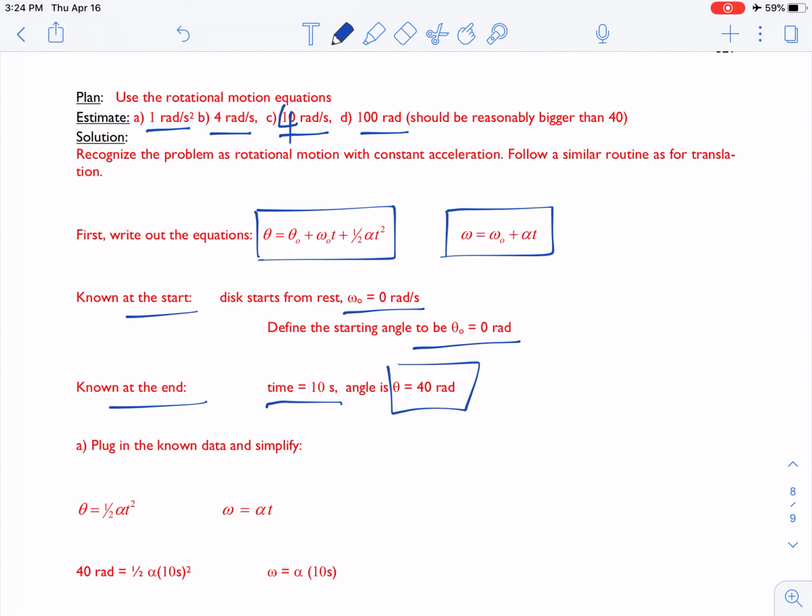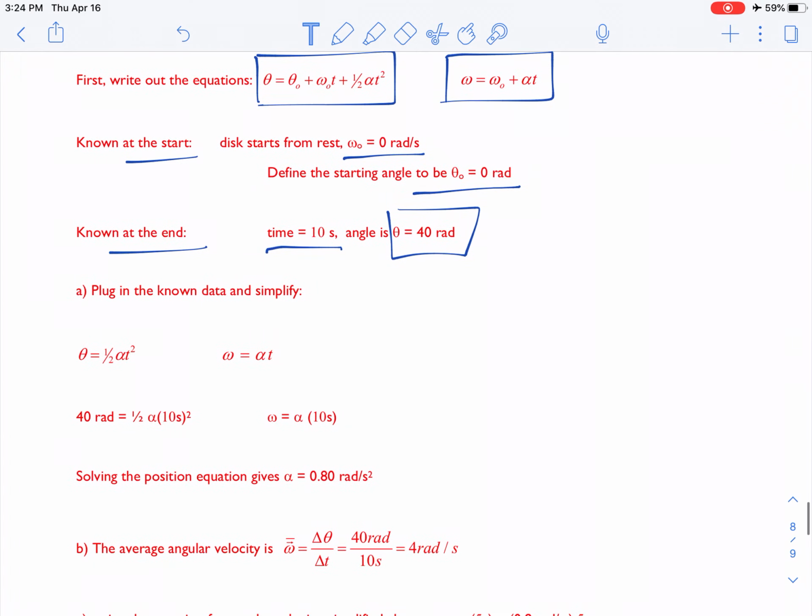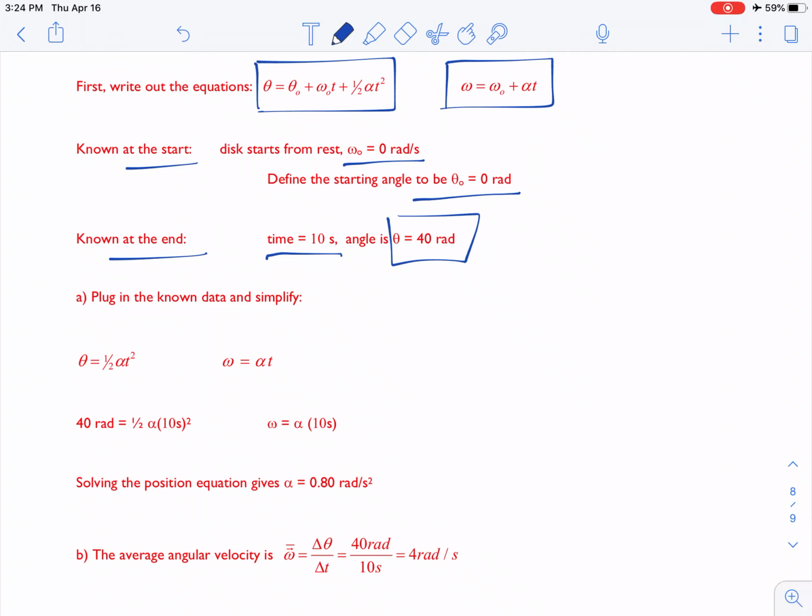It's 10 seconds, right? Now we're going to do our step 3, plug the numbers in and combine them. So let's get rid of the things first. Omega 0 goes away, right? Theta 0 also goes away, and that's it.